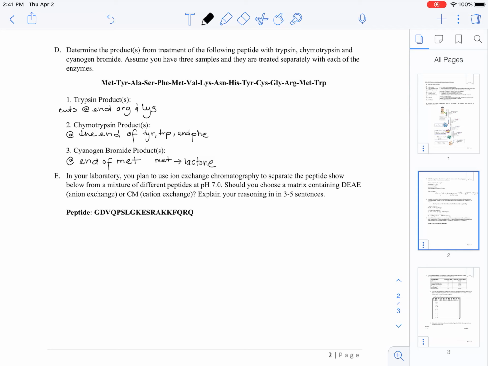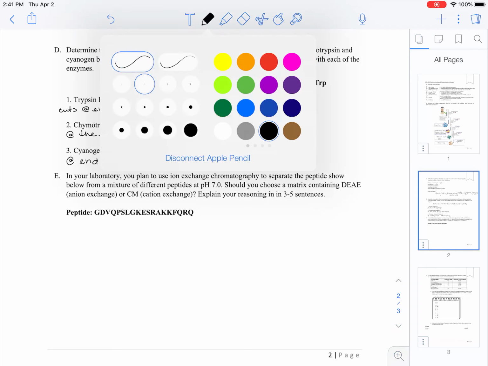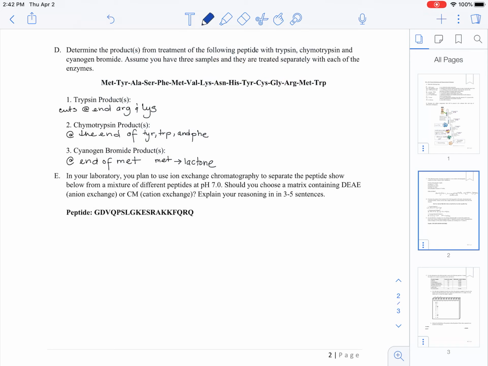Okay, so now let's create a line to divide these so I can illustrate the different peptides that are going to be created. Okay, so when it comes to trypsin specifically, cutting the peptide that is given in bold, I'm going to use a highlighter to illustrate where the enzyme is going to be cutting.